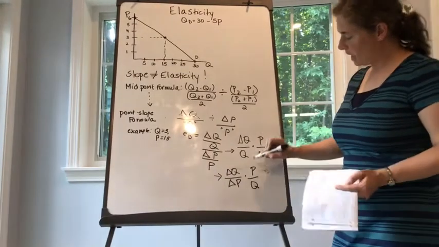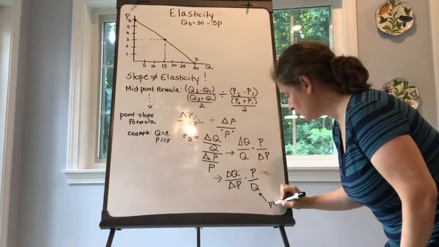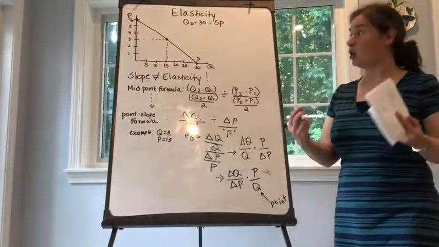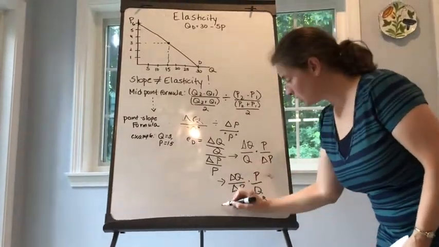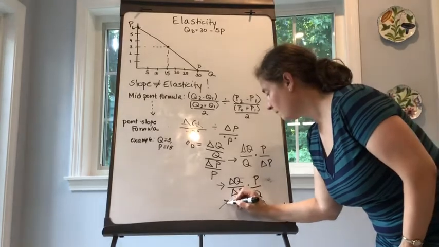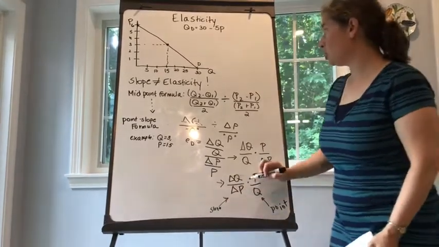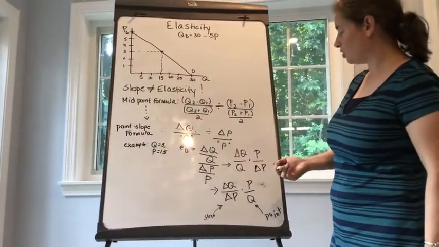Why do we call it that? Well, here, this expression corresponds to a specific point, a quantity-price combination. And this expression here corresponds to the slope. Now, we know that slope is rise over run, or change in y over change in x.